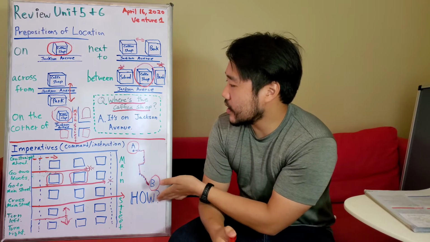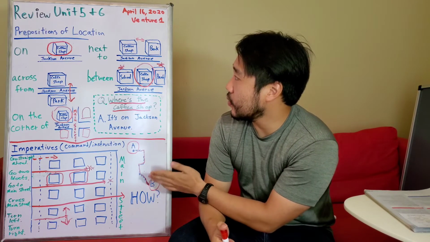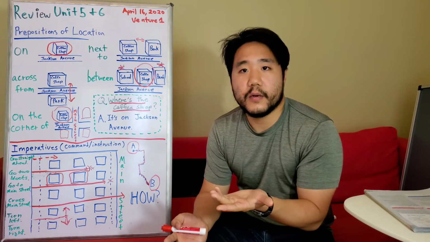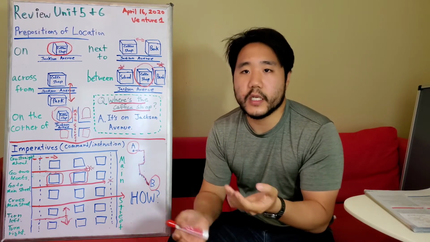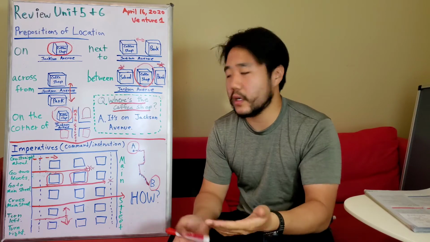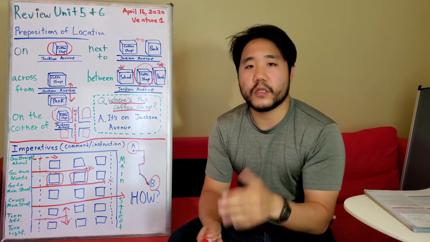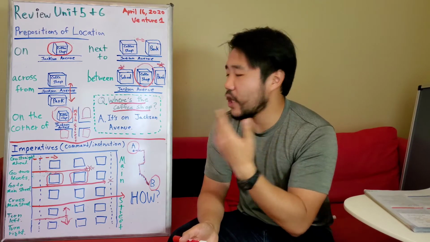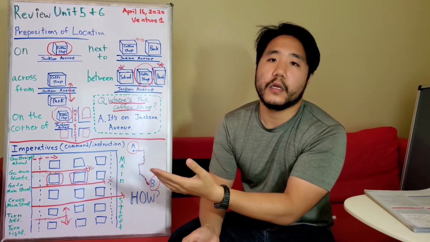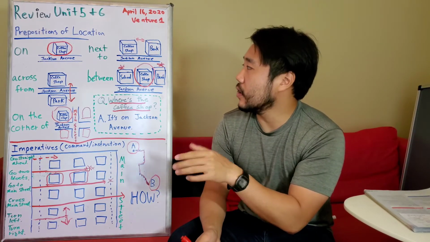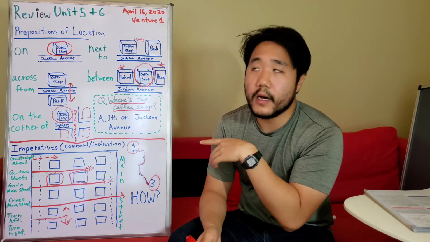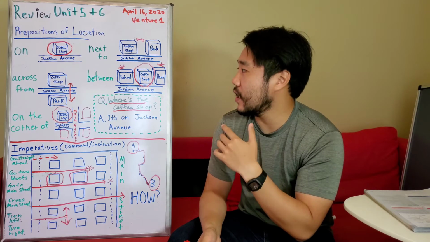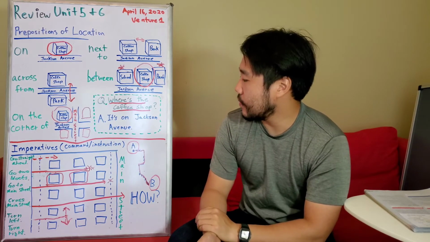So the question usually that comes with location is, first is, where's the hospital, or where's the grocery store, where's the restaurant? And then you tell the other person, oh, it's on Jackson Avenue, or it's next to that bank, or it's next to that church, right?